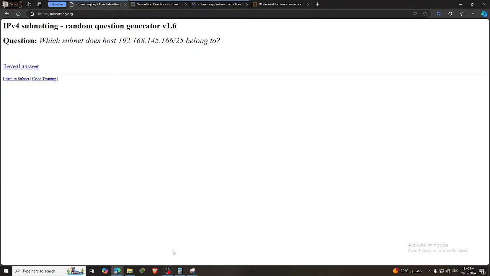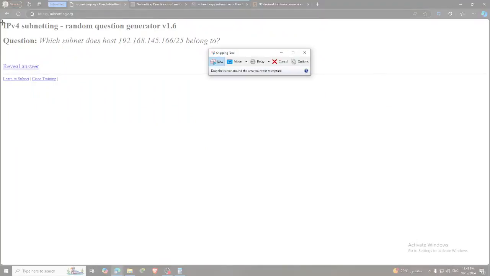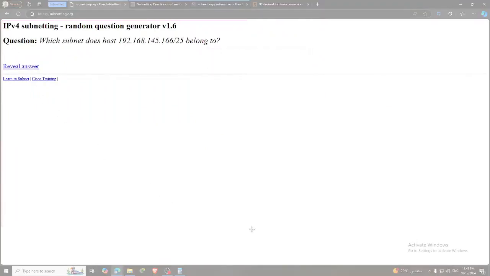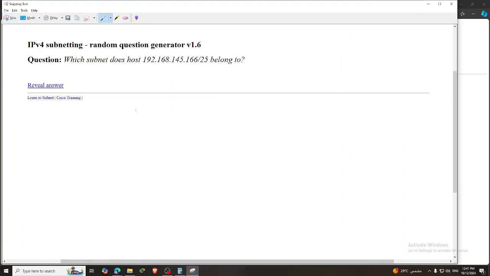Okay, so here we are going to solve the next question. First of all, let me make another screenshot for the answer. Okay, which subnet does host 192.168.145.166/25 belong to?